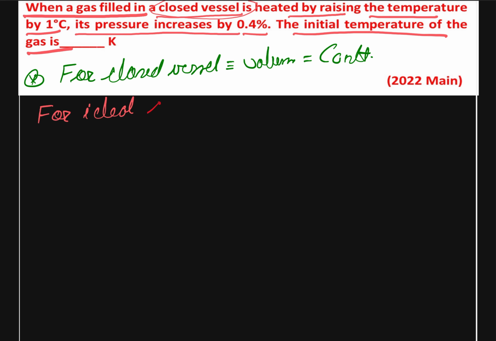For the ideal gas equation, PV is equal to nRT, and here the volume is constant, and n and R are already constant. Therefore, pressure is directly proportional to temperature.